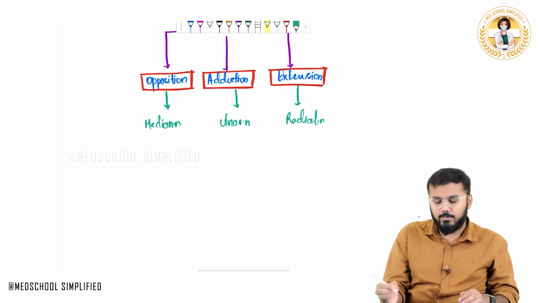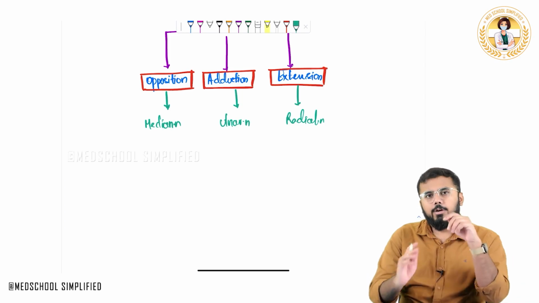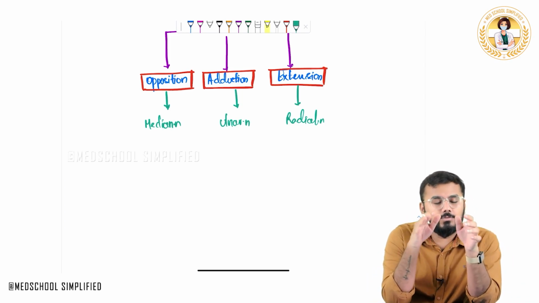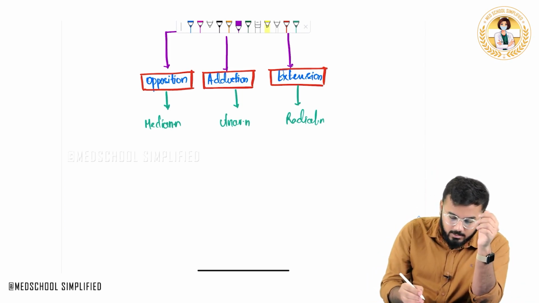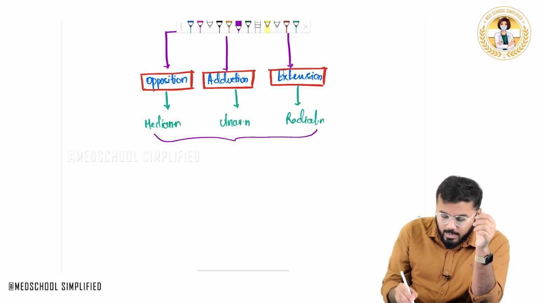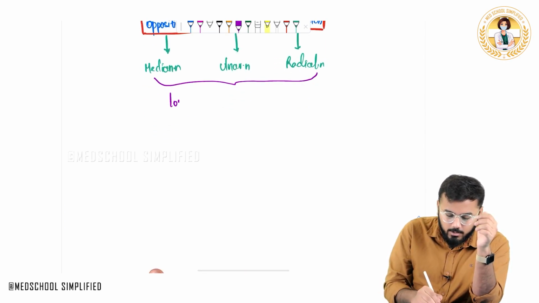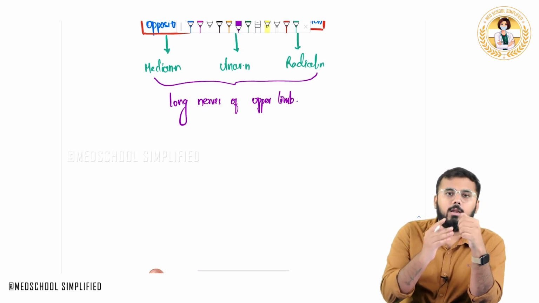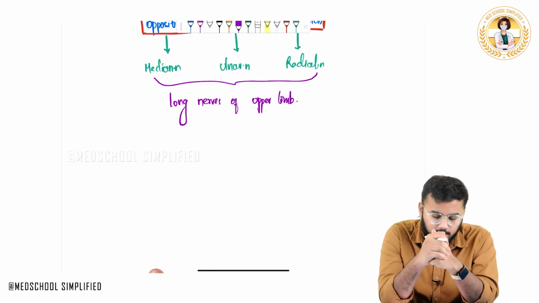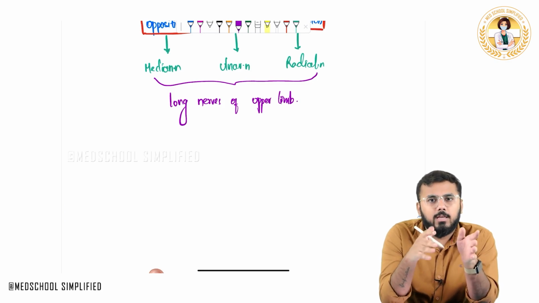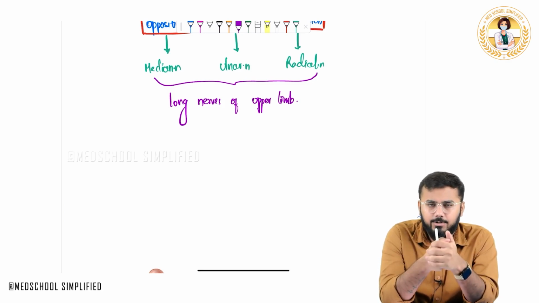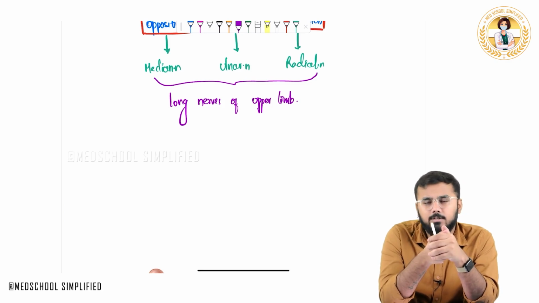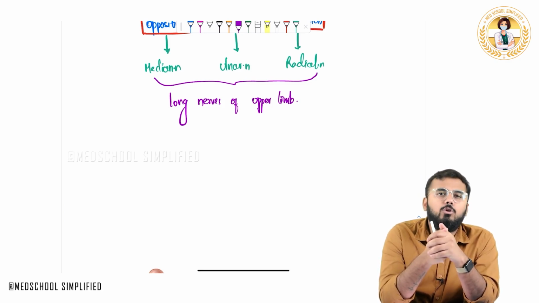These three are called the long nerves of the upper limb. If I wanted to check these three nerves in a patient, I need not do special tests.